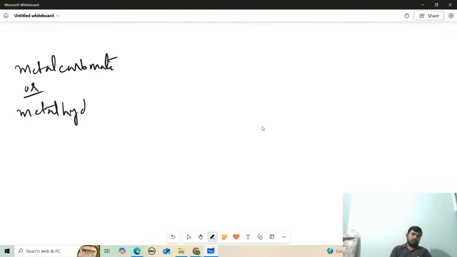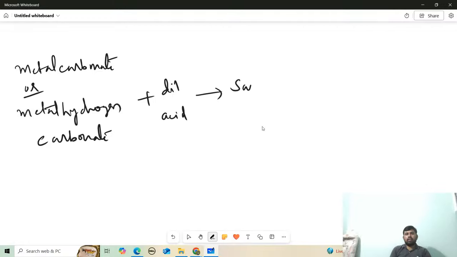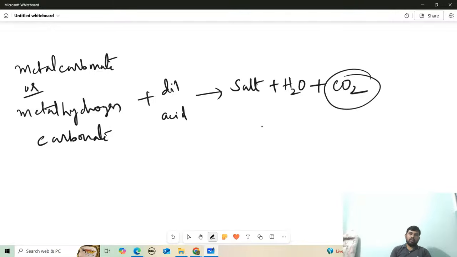General equation for metal carbonate, or metal hydrogen carbonate, also called metal bicarbonate, plus dilute acid. What do they give? They give three things. One is salt. Second is H2O. Third is CO2 gas. This is very, very important. CO2 gas is important.